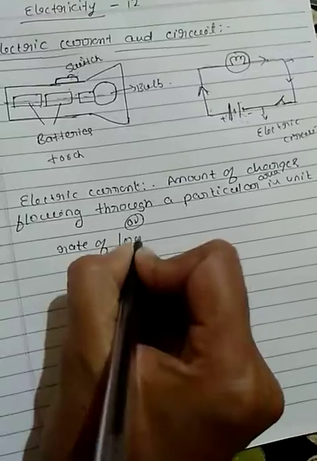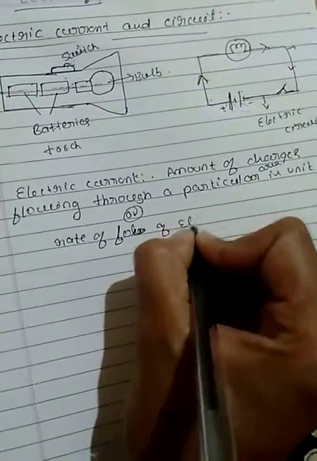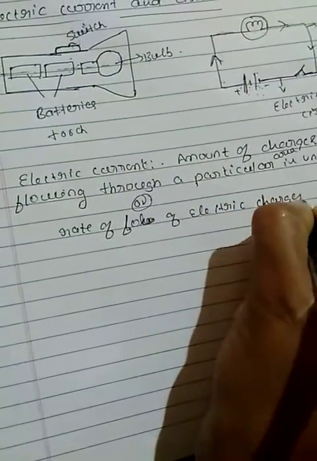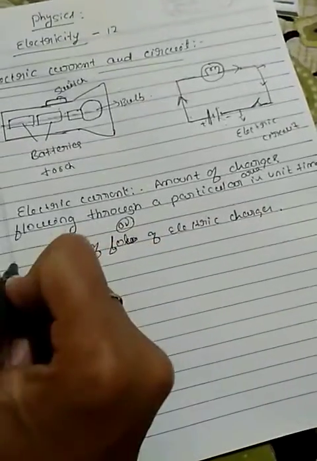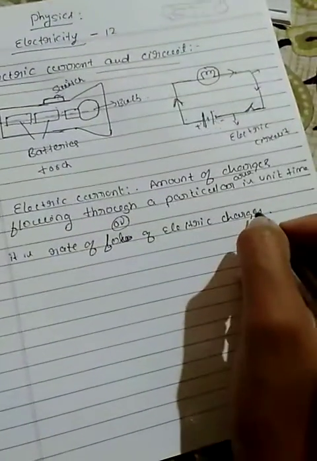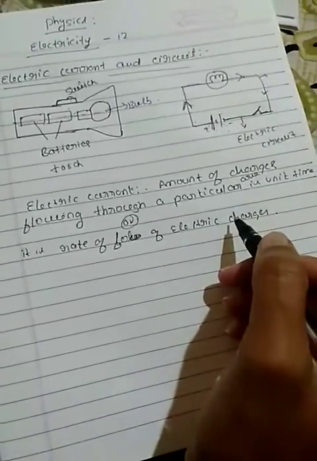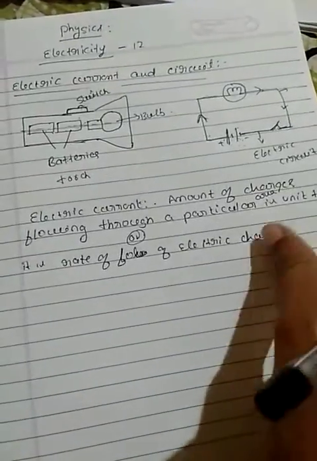Rate of flow of electric charges is called what? Electric current. Electric current is the rate of flow of electric charges, or the amount of charges flowing through a circuit in a particular area in unit time.